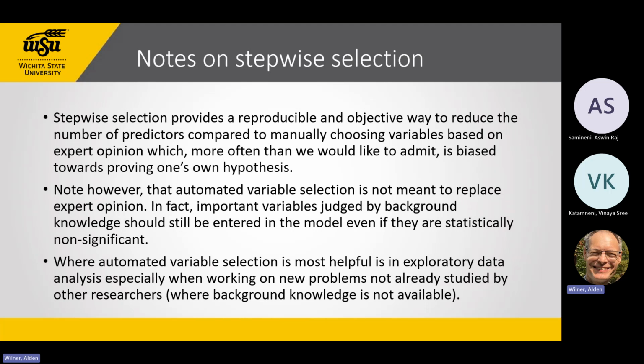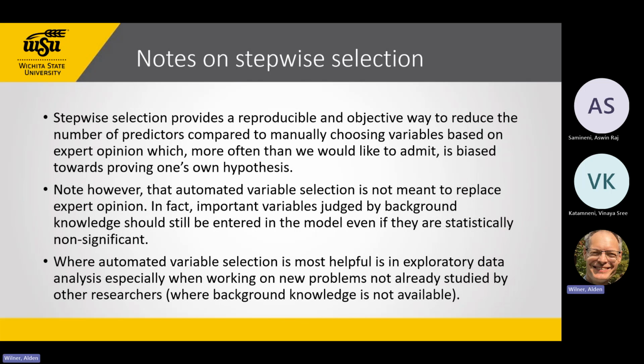I think these are the important features because I'm an expert, I've studied this for 40 years and I know everything. But we have to admit that experts are often biased towards their own beliefs or hypotheses. But automated variable selection cannot and does not replace expert opinion.